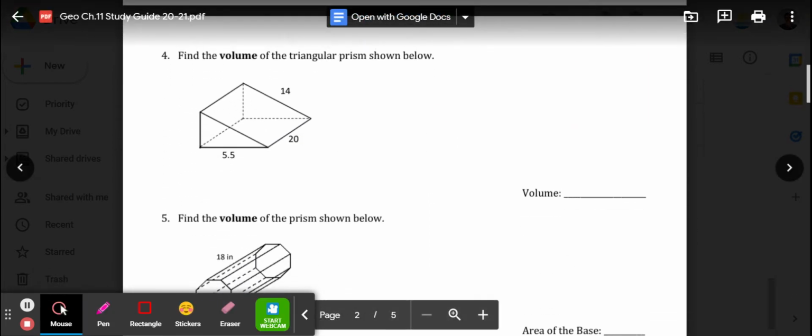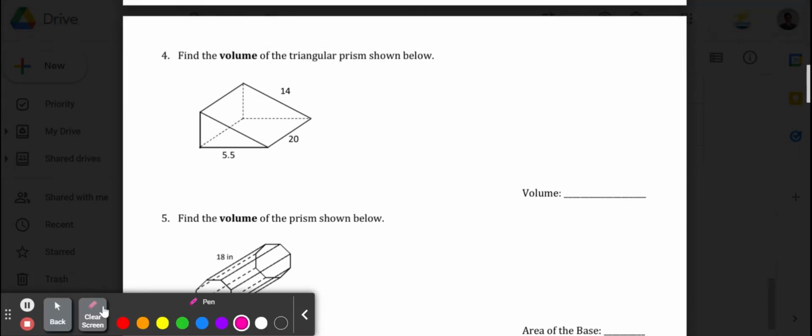All right, so here's an example where I can't just multiply all the numbers together. I won't get the right answer because this is my base figure here and back here. So volume equals big B times H. It's a prism. The base area, I need to do base times height, which I don't have.